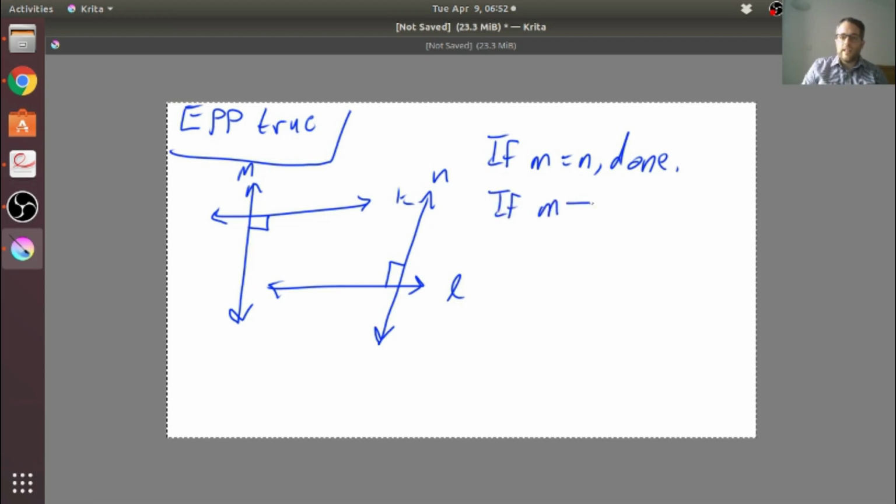If M is not equal to N, what we want to show is that M and N are actually parallel lines. So what I need to do is use the alternate interior angles. Or sorry, I don't use that. What I need to use is the Euclidean parallel postulate somewhere. I'm assuming it's true.